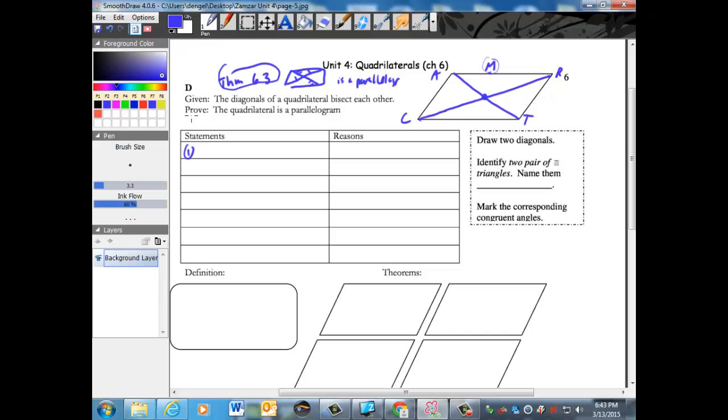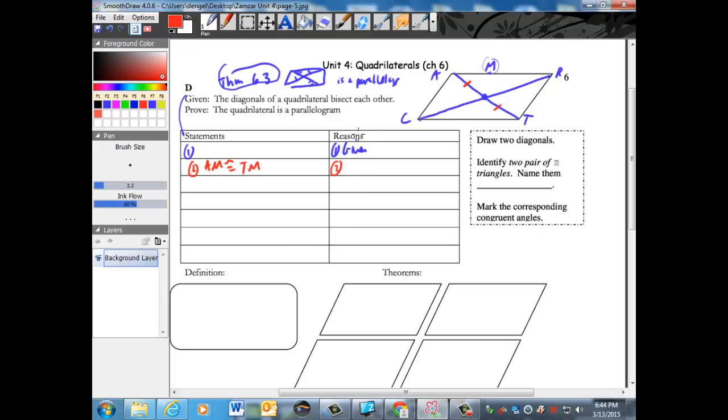So we want to draw the arrow down. This is given, and we write given. Next, we're told that diagonals of a quadrilateral will bisect each other. So we can show that with markings. We can say that AM is congruent and equal to TM. And so remember that we still have to say that. Even though it's marked, we still then have to say that.